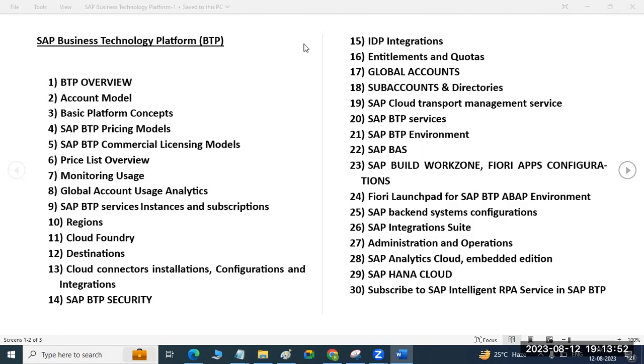And will you cover MS Teams configurations or WhatsApp configurations in the Integration Suite? I can see that now. Yes, that will also be covered. It is technical, configuration related work in the Integration Suite, so I can configure it.